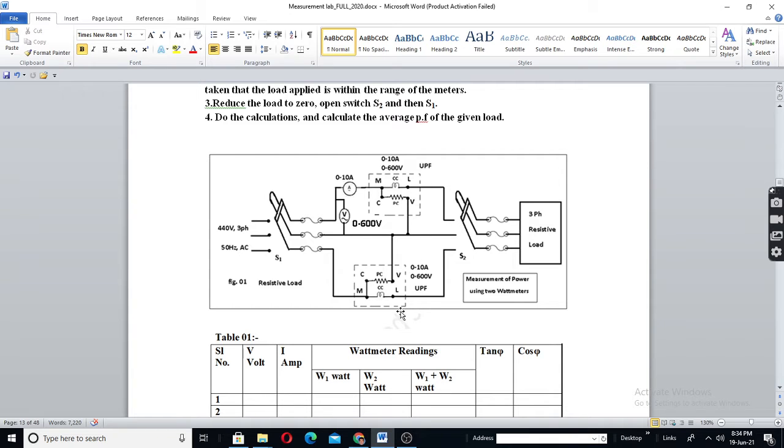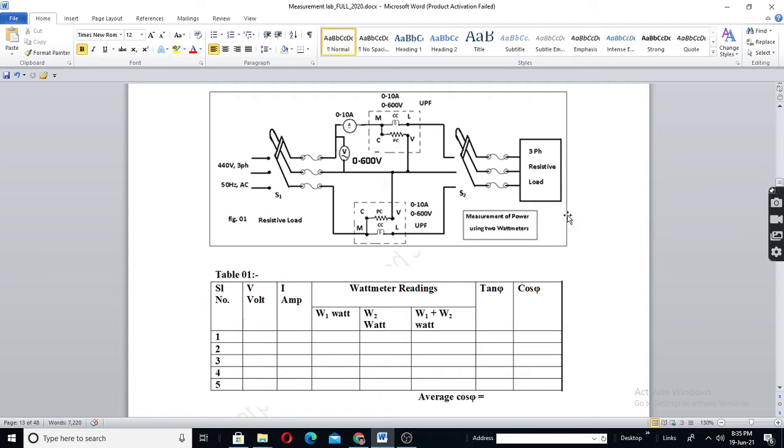So two current coils in two lines in series, and then you have MC short, then the potential coils, the other terminals are shorted. C and V are shorted and given to the middle wire.